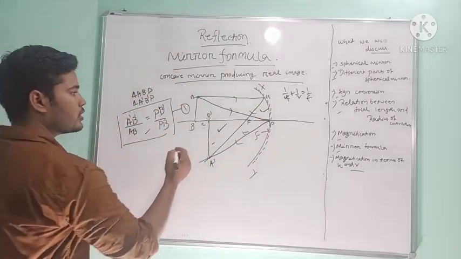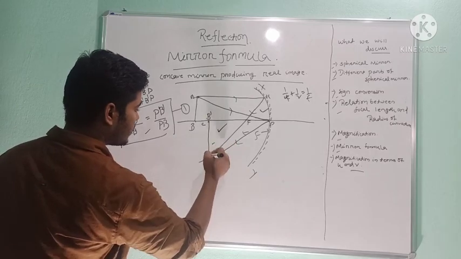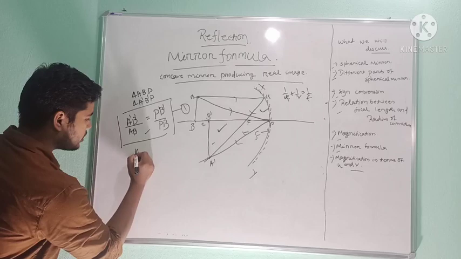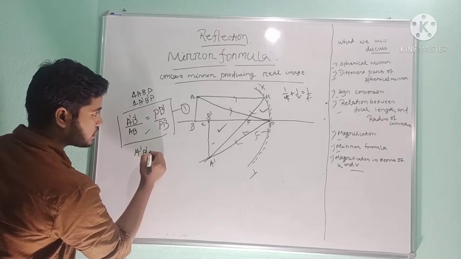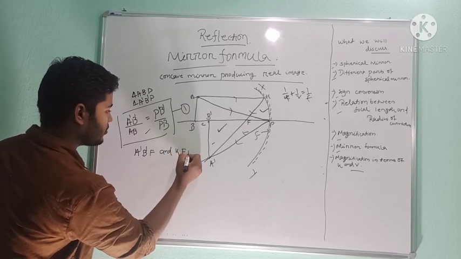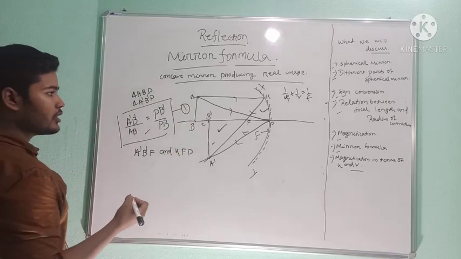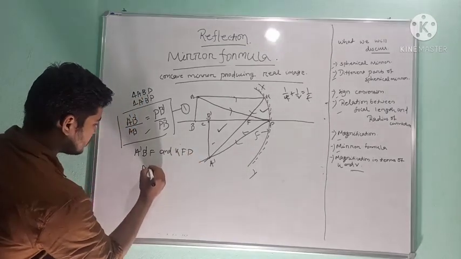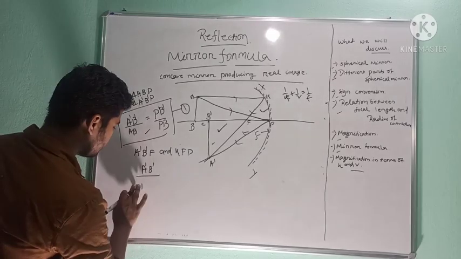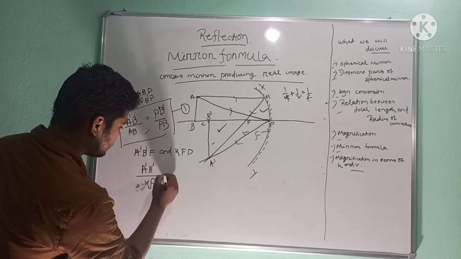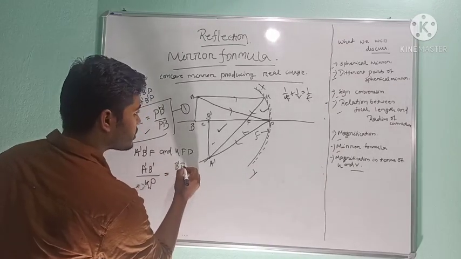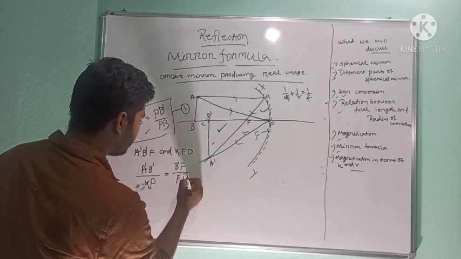So now we'll discuss these two triangles A dash B dash F and KFP are similar. That's why we can write A dash B dash by KP is equal to B dash F by FP.